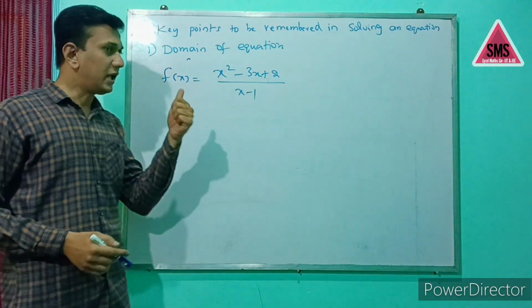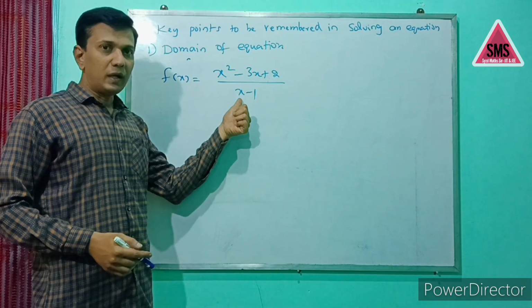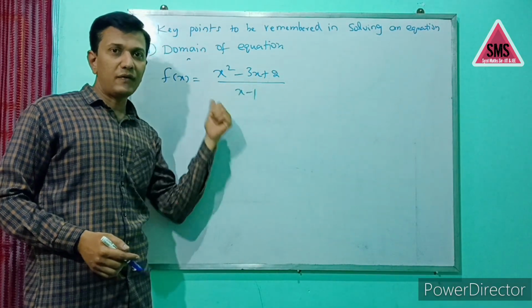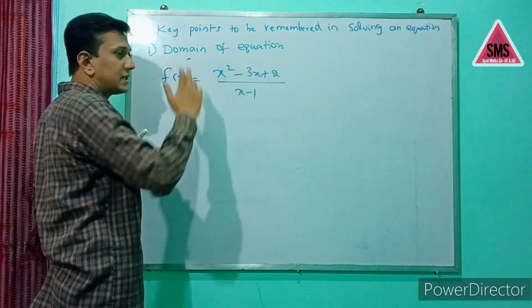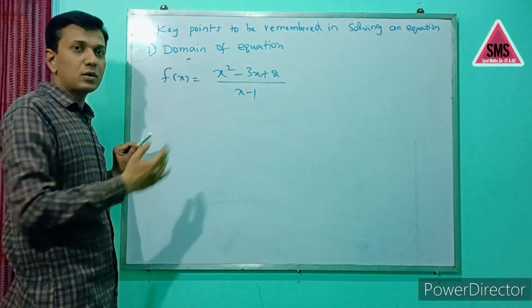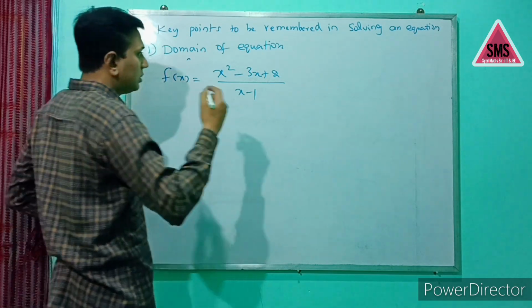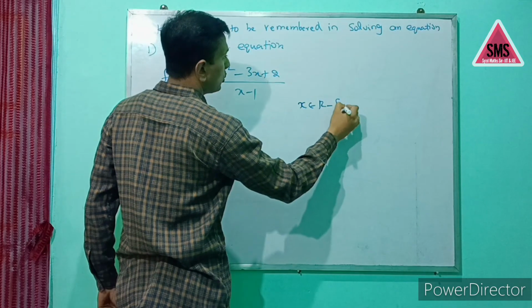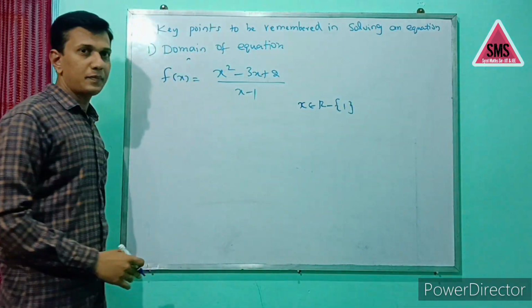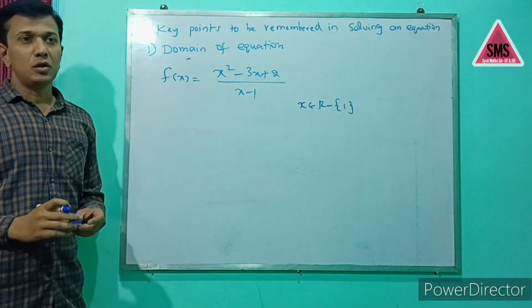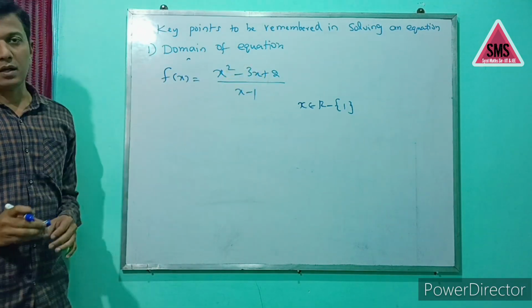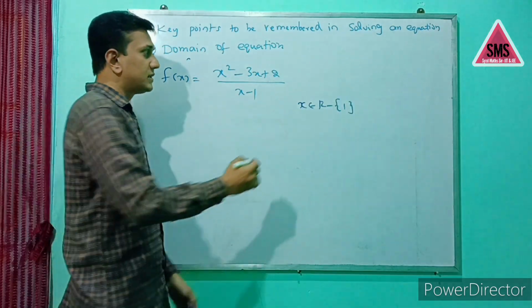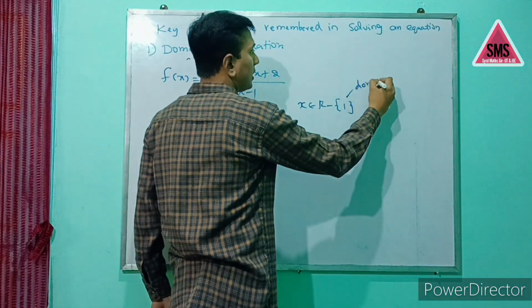If I consider 1 here, I can keep 1 in the numerator, but it is not defining the denominator term. So when I cannot define this term, I cannot use x equals 1 here. I have to exclude that one. So the domain of this one is going to be R minus 1. That means for this function I cannot choose this one value. This is going to be the domain.